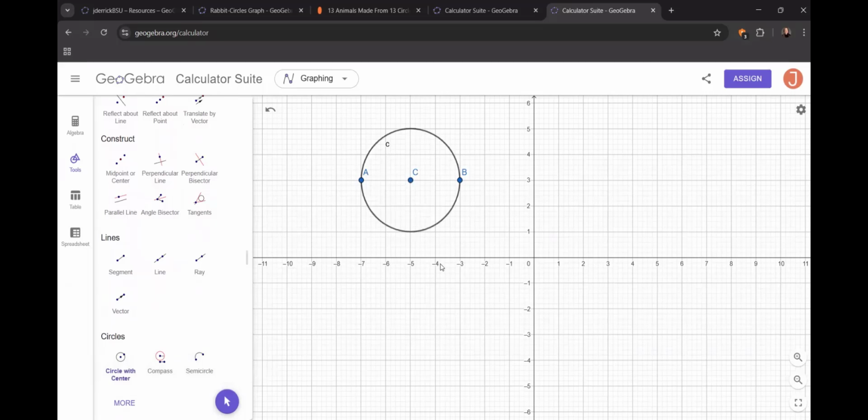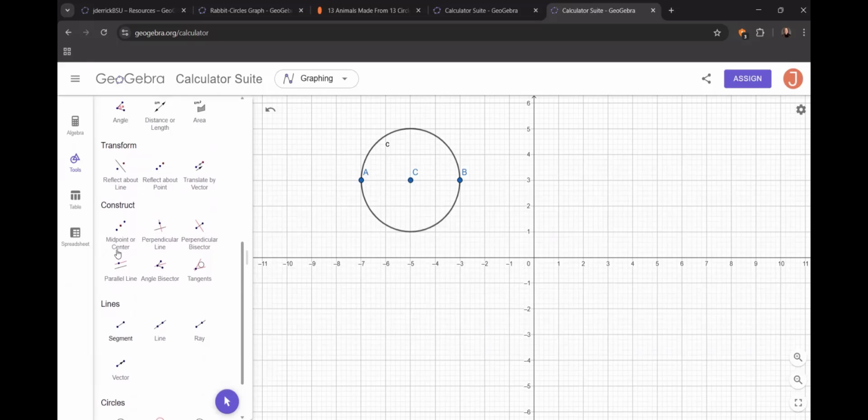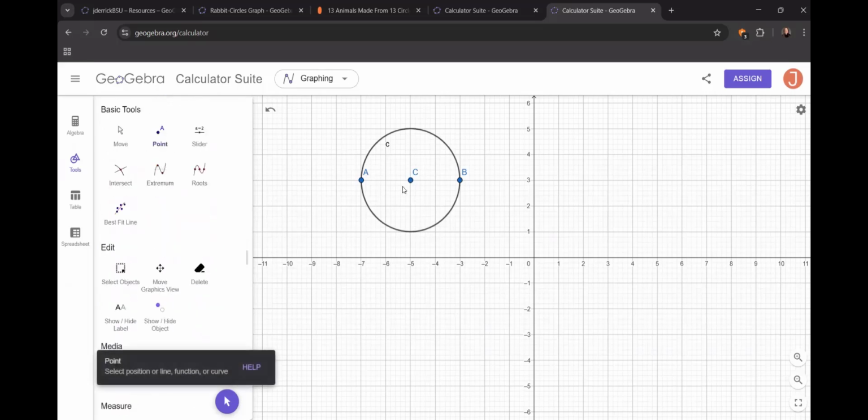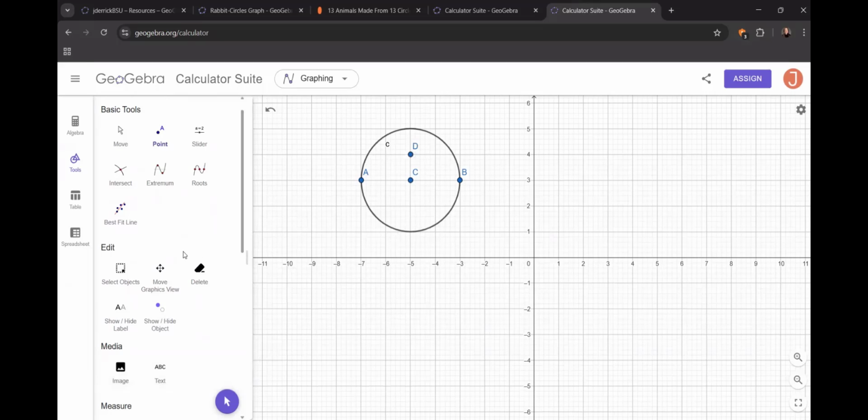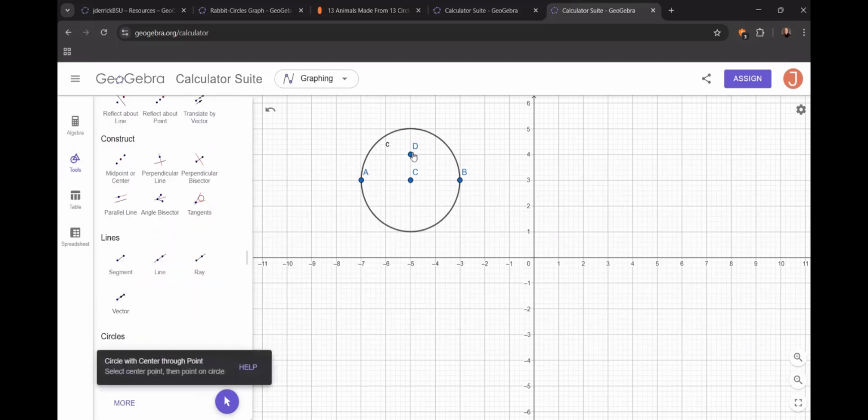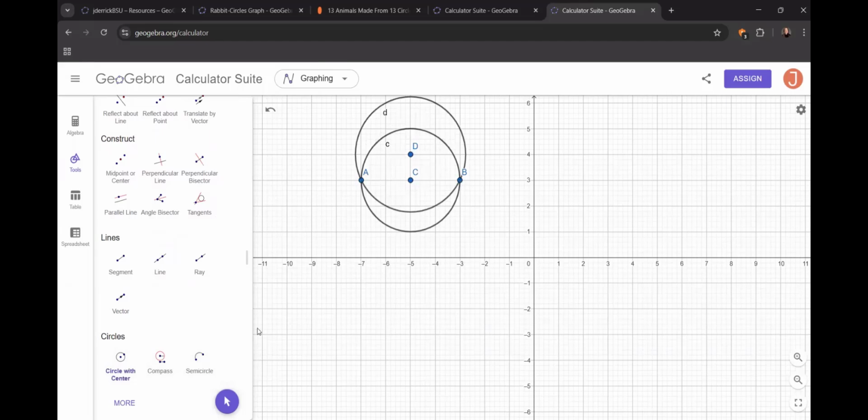And so there we have a circle that goes through both of those points A and B, but that's not the only point that could be the center. For example, if I put a point right here, that point is also equal distance from A and B. So there we have another circle that goes through both of those points.